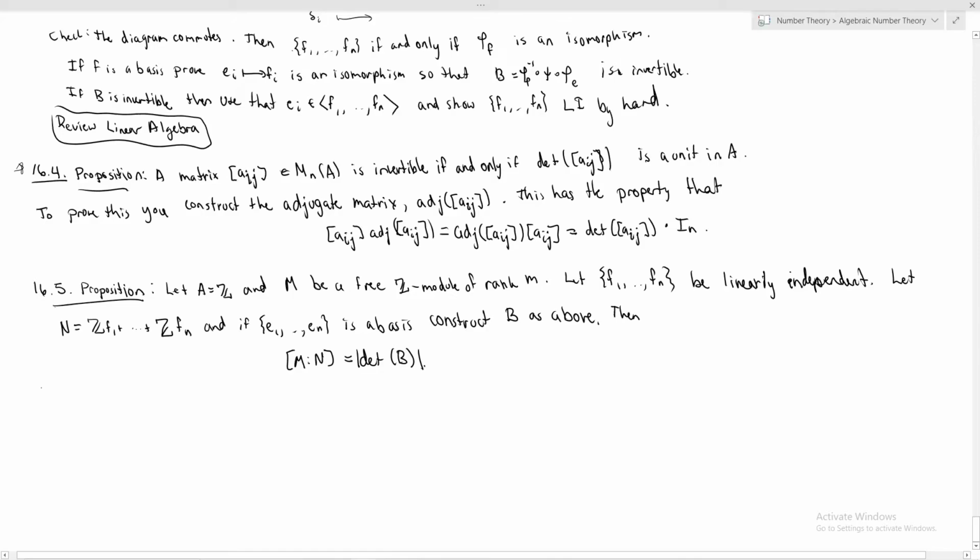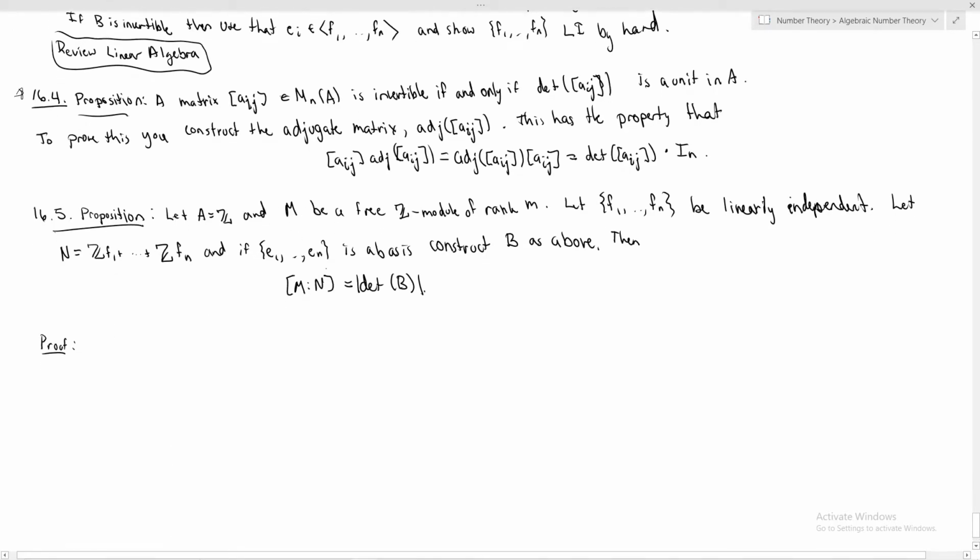Okay, so we already knew the case when the determinant was plus or minus 1. The other case is a little bit more work. So you need basically to construct a specific basis. You can't just use these ei, you need to use something more clever.